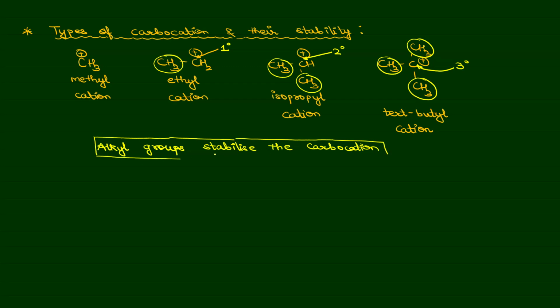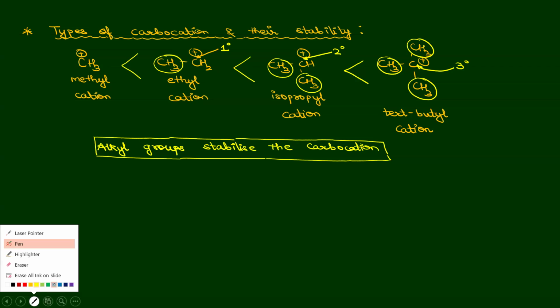The tertiary, which has 3 alkyl groups attached to the C plus, would be the most stable carbocation. Hence, the order is tertiary more stable than secondary, more stable than primary, and the simplest of them, which is also the most unstable, is the methyl cation.